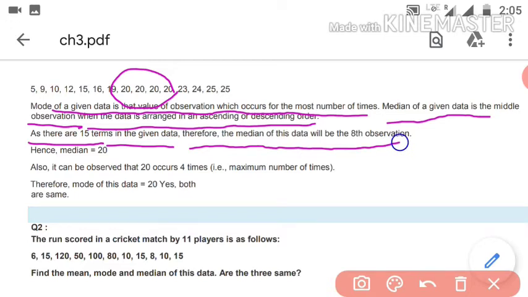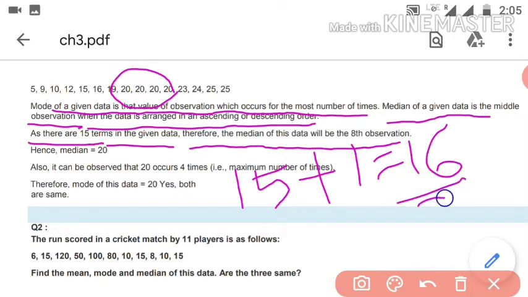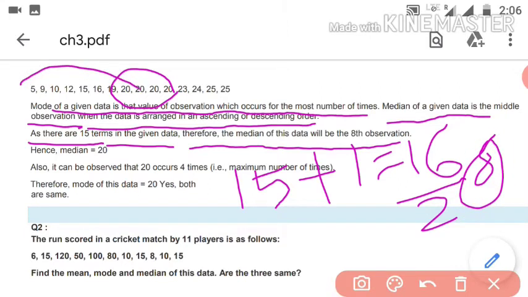Why the 8th? Because how many terms are there? 15. Now 15 plus 1 is how much? 16, isn't it? 16 divided by 2 is 8. You add 1 to the number of observations and divide by 2. So we got 8, isn't it? So the 8th term will be the median.